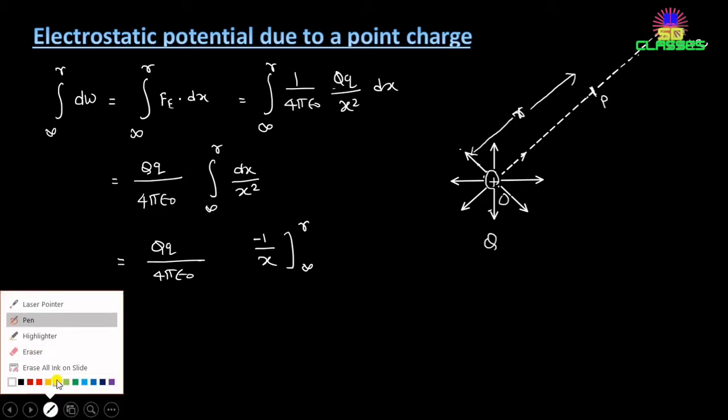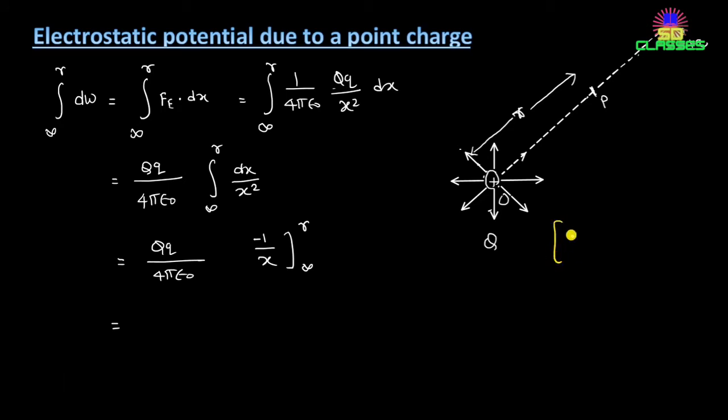The rule that I have used is this one: integration of x to the power n dx is equal to x to the power n plus 1 divided by n plus 1. So this formula I have used to find out this minus 1 by x. You can find it out by yourself.